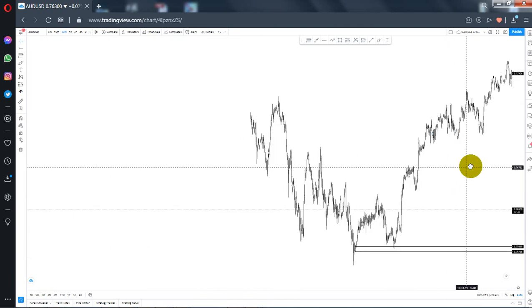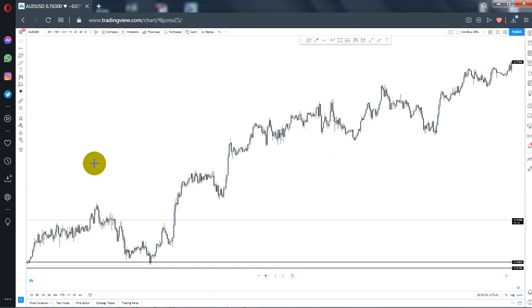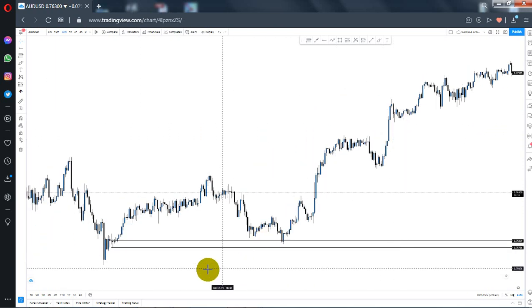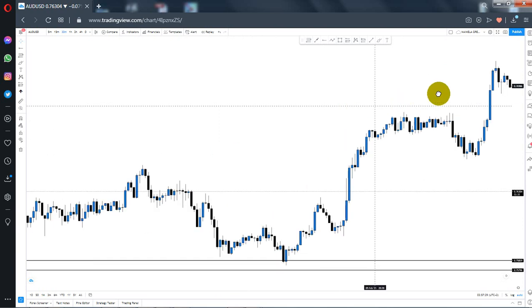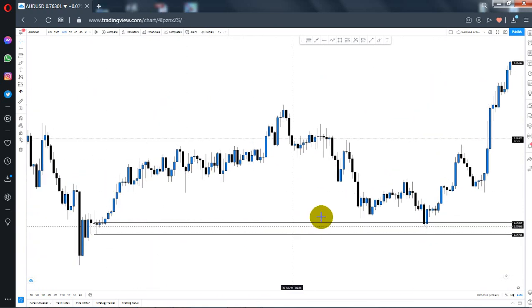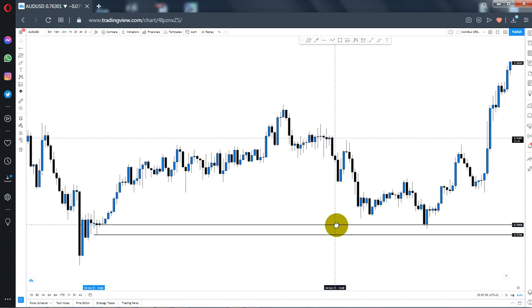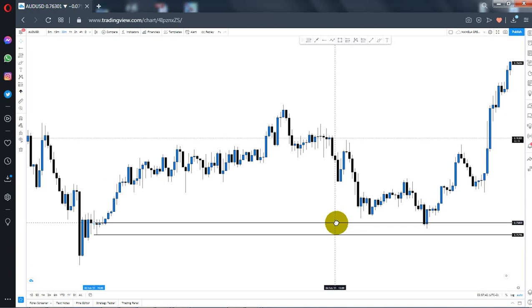Okay, here it is. So as you can see, when you get to a smaller time frame, you're going to adjust your lines to be clear. We say close of the body. Let's just put it here.